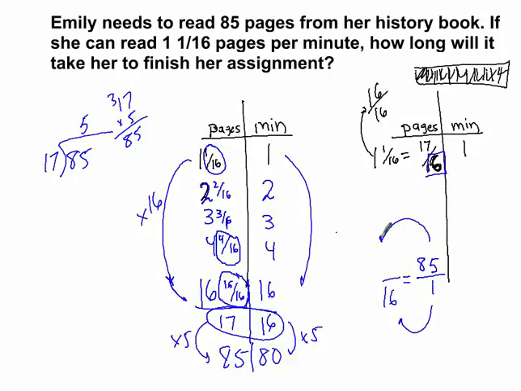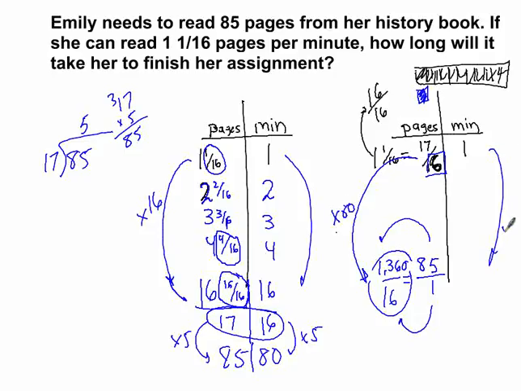And 85 times 16 is 1,360 sixteenths. So then what we're saying is, how do we go from 17 sixteenths to 1,360 sixteenths? Now, each of these pages has that same proportion. We're talking about 17 sixteenths, so each piece is the same size, going to 1,360 sixteenths. Now we don't need to worry about the denominator, and you can think 1,360 divided by 17 to figure out what to multiply by, and you're multiplying by 80.